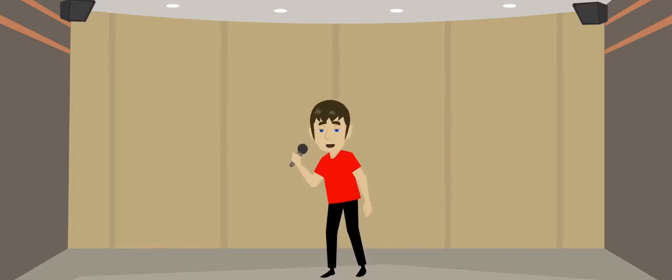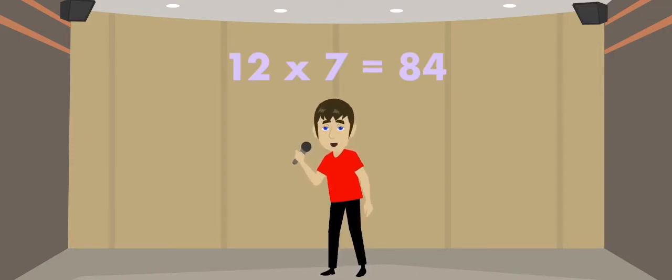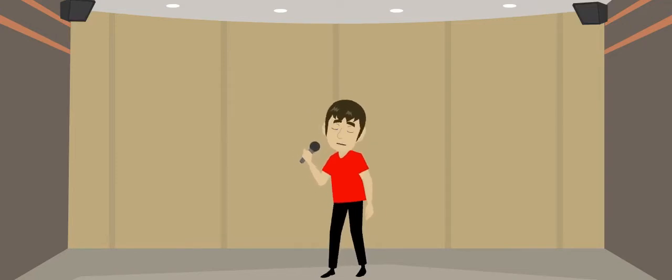Multiplying is a breeze. 10 times 7 is 70. 11 times 7 is 77. 12 times 7 is 84. Multiply by 7. Counting by sevens, we feel like heaven.